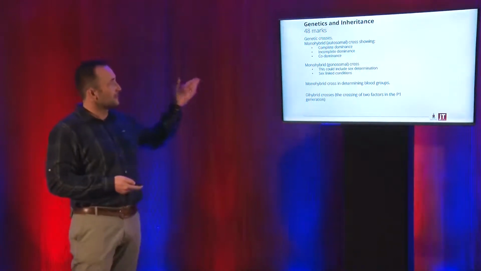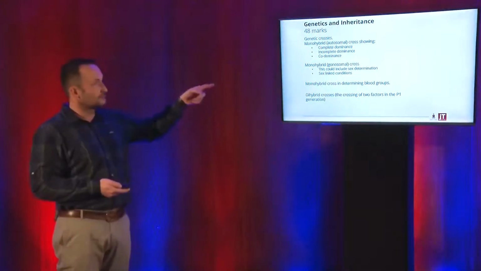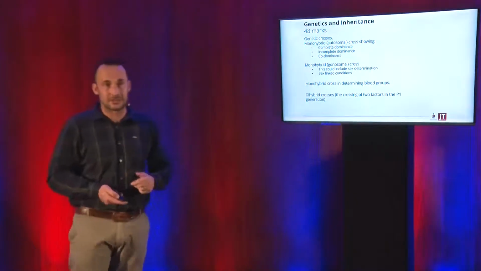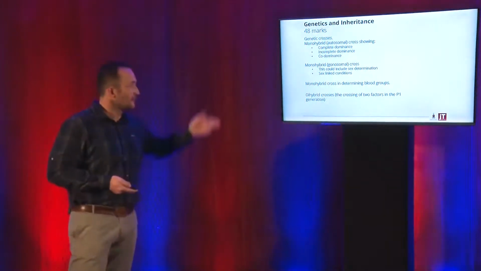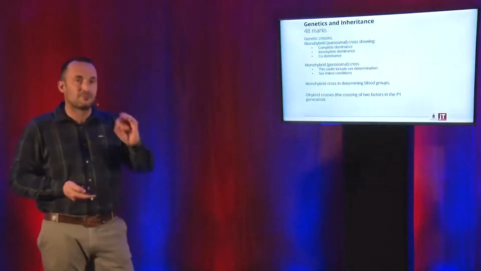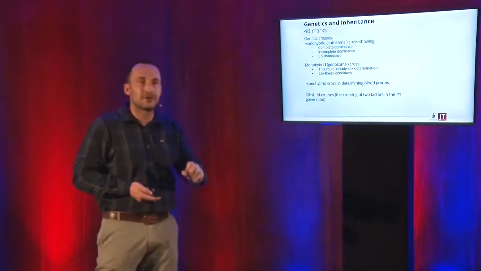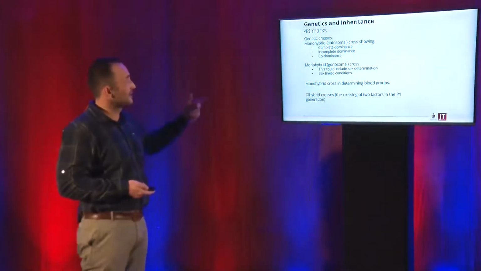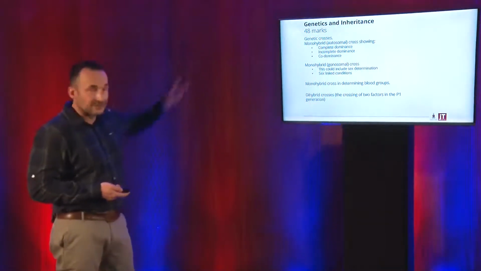Okay, looking at monohybrid crosses, this could include sex determination as well as any of the sex-linked conditions, which we will focus on a little bit later. Monohybrid crossing in the determining of blood groups is a very unique one. This comes out all the time because it's a very good example to use when we try to explain complete dominance and codominance.